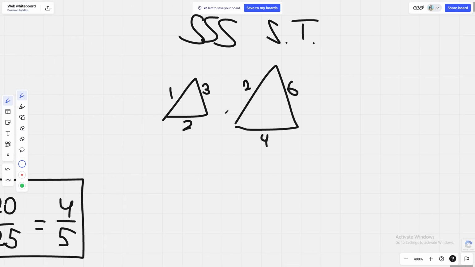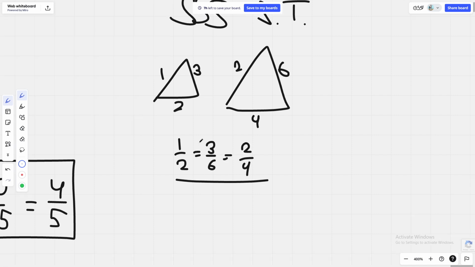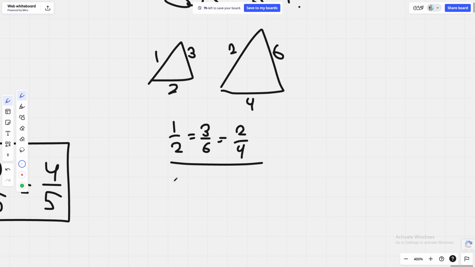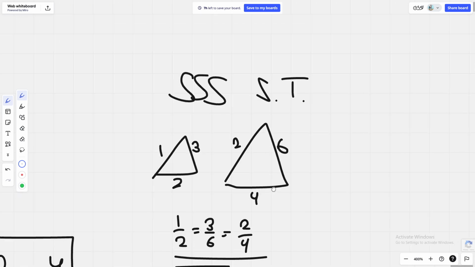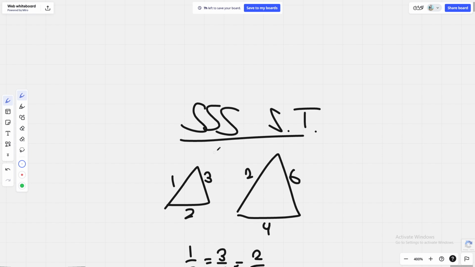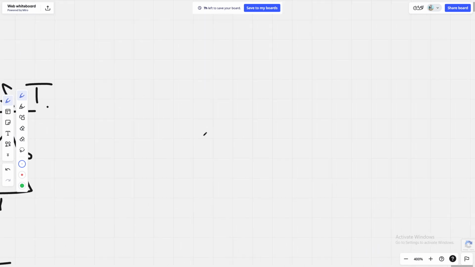Let's put them into ratios. 1 over 2, 3 over 6, and 2 over 4. Once we simplify all of them, each is equal to 1 half. So this is our proportion. Since they're all proportional, these two triangles are similar by the SSS similarity theorem.